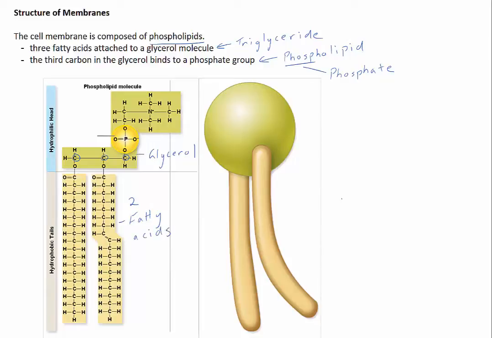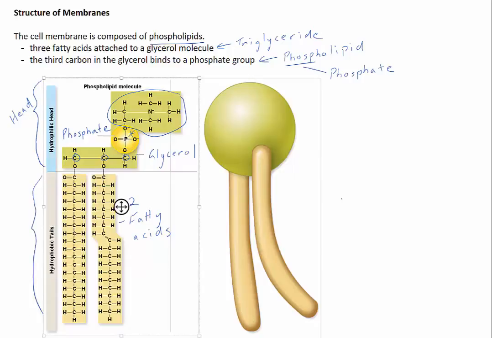And the third carbon in your glycerol is joined to a phosphate, represented by this yellow molecule here, which is then attached to a larger hydrocarbon. When you're referring to this molecule, they talk about the glycerol and phosphate as the head of the molecule, and the fatty acids as the tail.